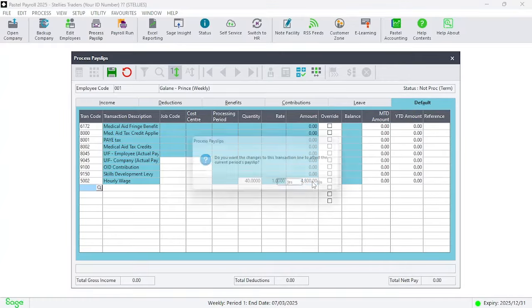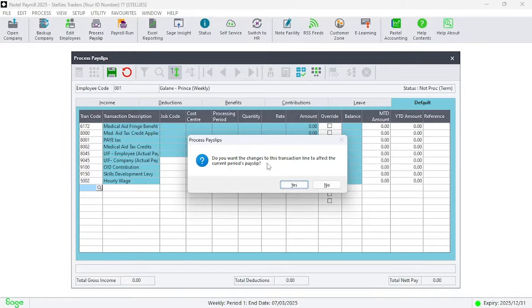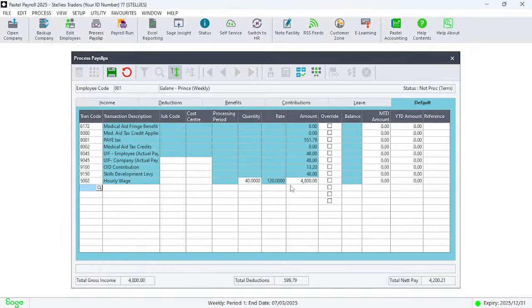Go one down, use the down arrow key. Do you want the changes to this transaction line to affect the current period's payslips? Certainly you will want it, so you make sure that you click on yes. And then you'll notice that the tariff or rate per hour gets calculated by the computer.